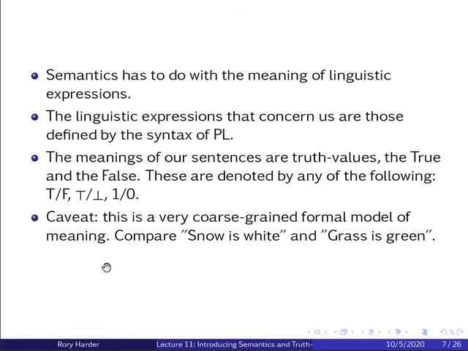So our notion of meaning here is very coarse-grained. We're just giving a very simple formal model of meaning, where meaning is just truth value. It's important to recognize this, because we can have two sentences which differ in meaning, yet which have the same truth value. So when we're treating the meanings of our sentences as simply truth values, there's a lot of nuance and subtlety about actual meaning that we are ignoring for the purpose of simplicity.